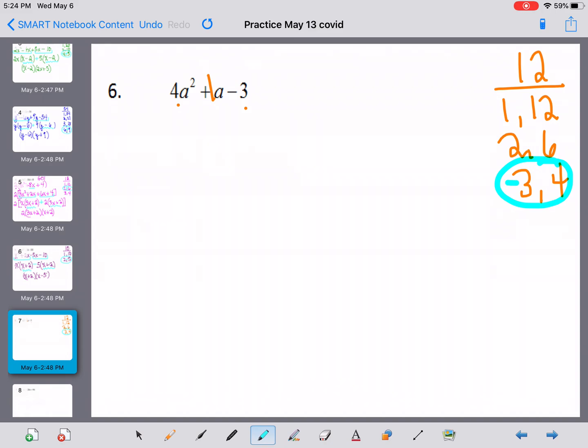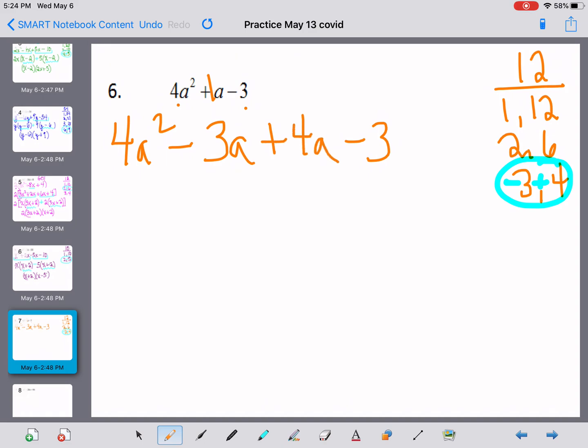And in fact, it's going to be negative 3, positive 4. So we've got 4a squared and the minus 3. And then I happen to write minus 3a plus 4a. You might have written it as plus 4a minus 3a. Again, it doesn't make any difference on that particular order where you put the negative 3a and the 4a.